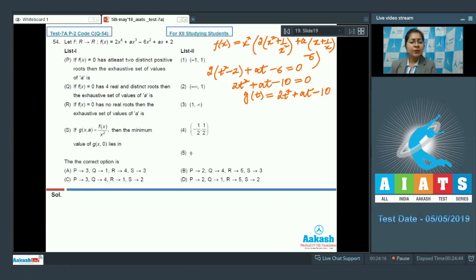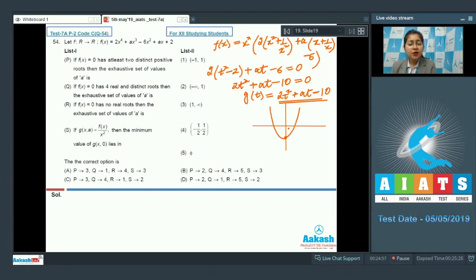Let us assume it as g(t) = 2t^2 + at - 10. Now for option P, g(t) should have at least one root greater than 2, because t = x + 1/x is either greater than or equal to 2 or less than or equal to -2. So let's solve it. Let us say this is the function, because g(0) is -10.